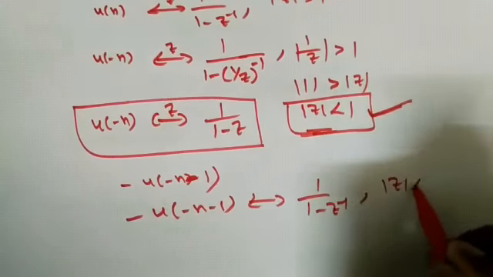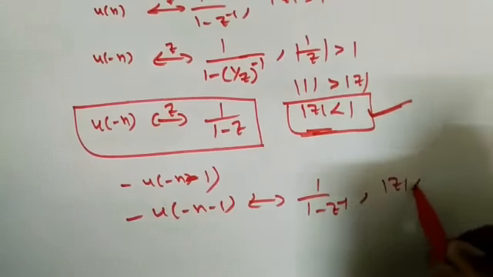The next property is the conjugation property. Simply, x of n has x of z with ROC r. Now when we take the conjugation of the time domain signal, we have to take the conjugate of x as well as z conjugate, because z is a complex number. And there is no change in the ROC.